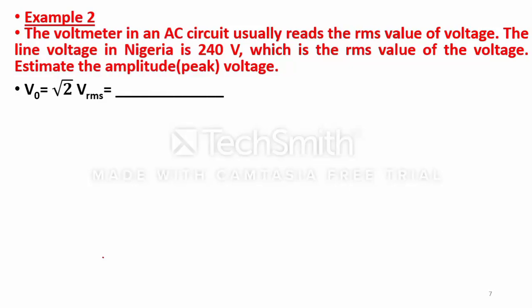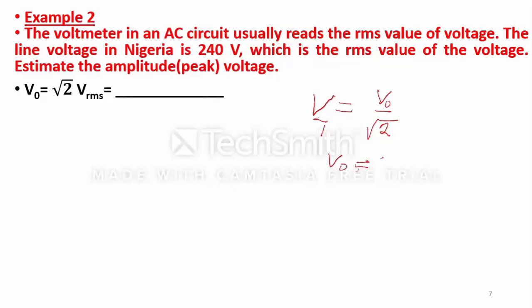Don't forget how we got this expression. Remember that V root mean square equals V naught all over root 2. When we cross multiply, we will have V root mean square root 2.